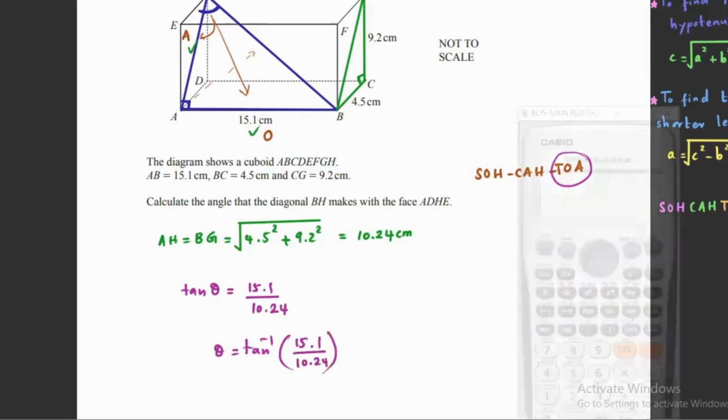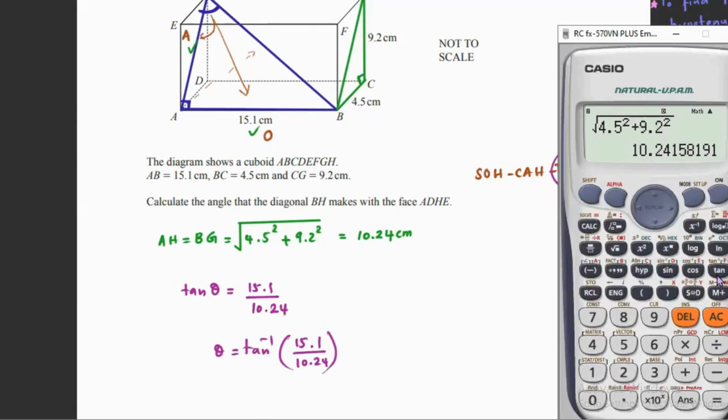So I can put inverse tan and the fraction 15.1 over 10.24 in the calculator. I'm going to close the brackets and find the answer. If not, sometimes you will not get the value. This is going to give you 55.857.